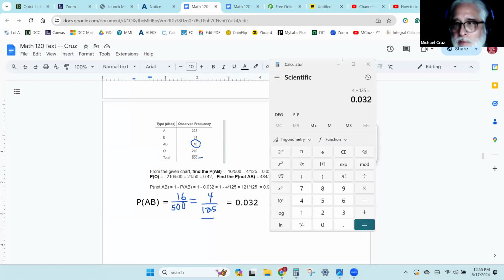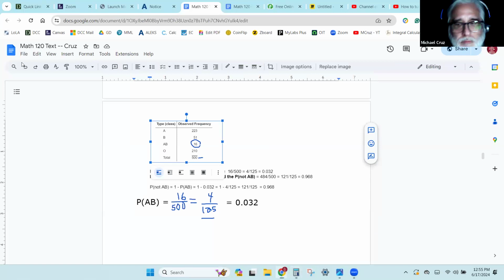And what would that percent be? Well, we can multiply it by 100. So 3.2%. So 3.2% of the people that gave blood were AB. Let's see what else we've got.